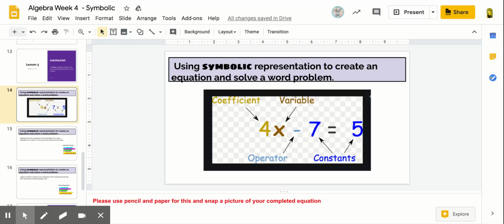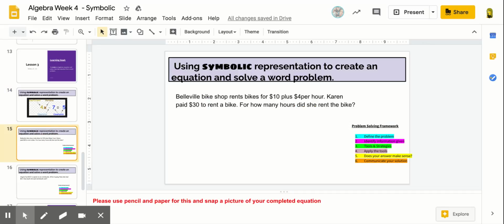And now that you know these, you also know our operations, subtraction here, multiplication, and then our equal sign. We're going to dive a little bit deeper into these names to understand a word problem. The coefficient is directly related to the variable. The variable is the number that changes, and our 2 other numbers are the ones that never change. So let's go into a word problem.